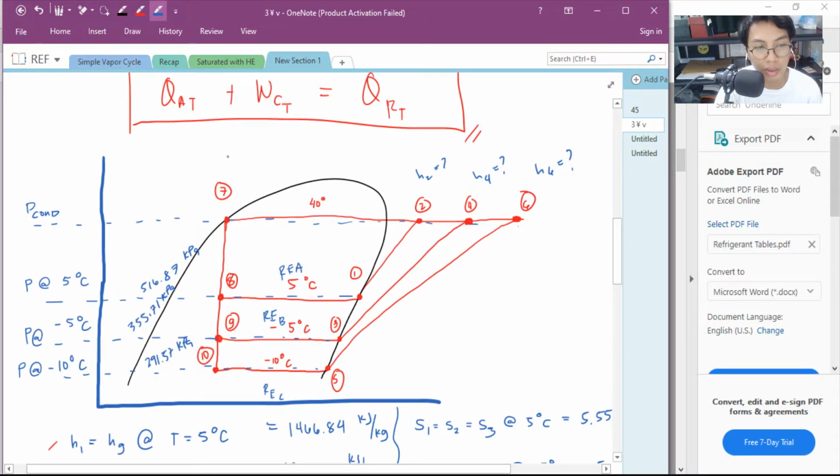Ito naman, yung dito sa taas, this is ER. Itong buong to, ER ng ating system. This is the compressor work 3 na pala to. Compressor work 2. This is compressor work 1.